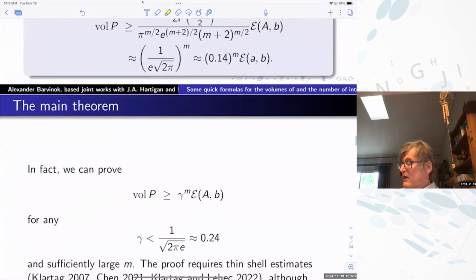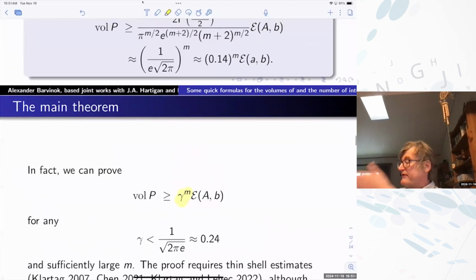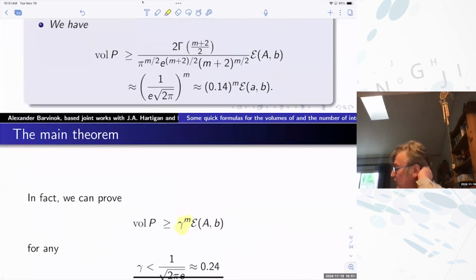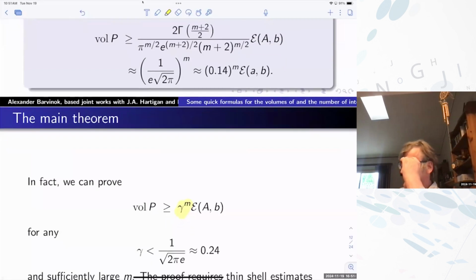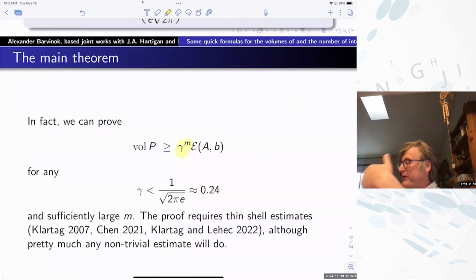We can improve these constants a little bit, but it's kind of interesting. To have some constant, it's a relatively straightforward convex geometry argument, which was known a long time ago. But if you try to improve it, then it appears that you need more and more complicated results on the so-called thin shell estimate. That's great progress being made. But for us, it only improves that constant.